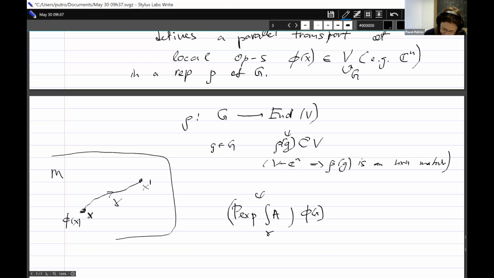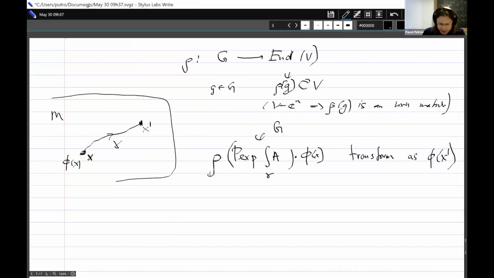This defines an element in my gauge group G, and then we take ρ of it and act on our φ. And the statement is this transforms as φ of x prime, where x prime is the point at the other end of my path. Well, what does it mean exactly? It means it transforms under gauge transformation.